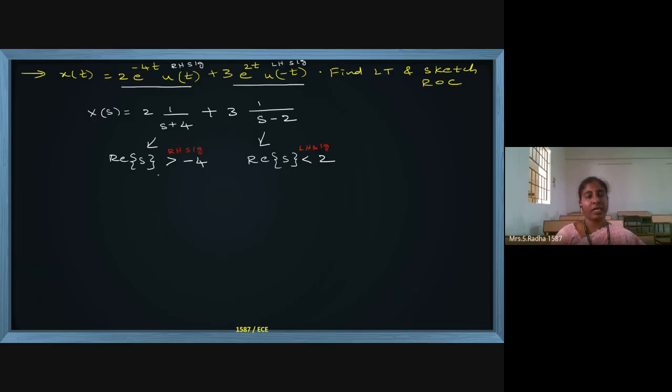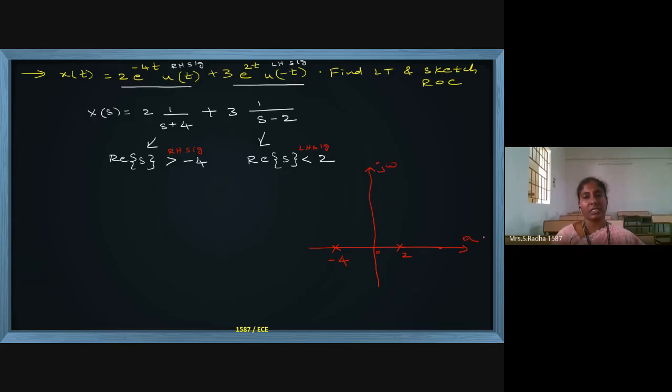If I have to go with a final ROC, two terms are there, so two ROCs are coming for the given signal X of s. If I draw the sketch of the ROC, I have minus 4 on the left side and plus 2 on the right side. This is the origin. Poles are represented by cross marks and zeros by circles.